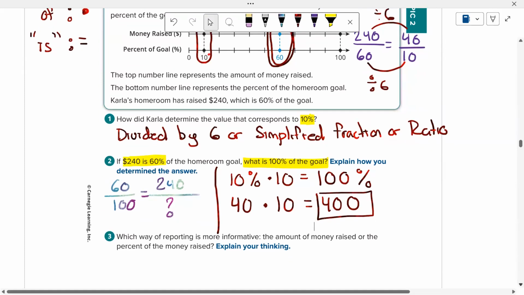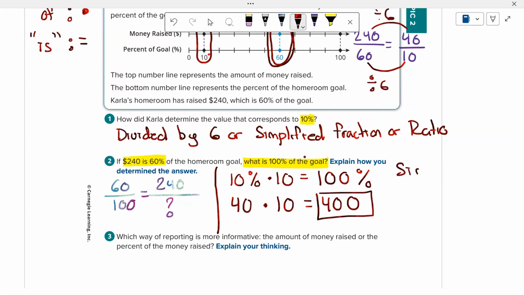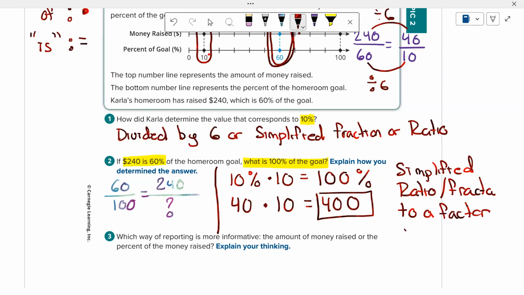So all you really did was you simplified the ratio or fraction, and then multiplied. Well, let's clarify that. You simplify the ratio or fraction to a factor of 100. 10 is usually the easiest.